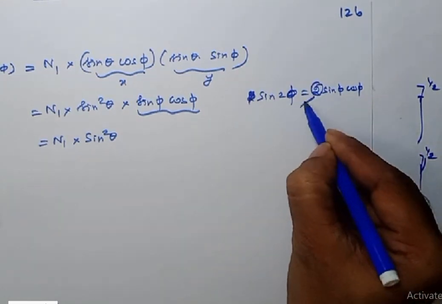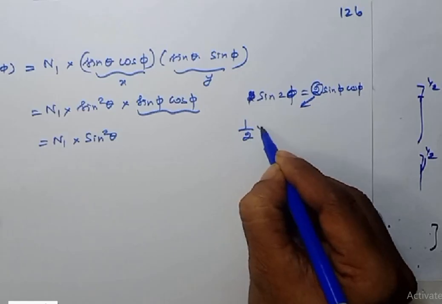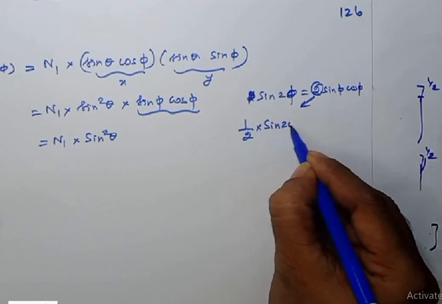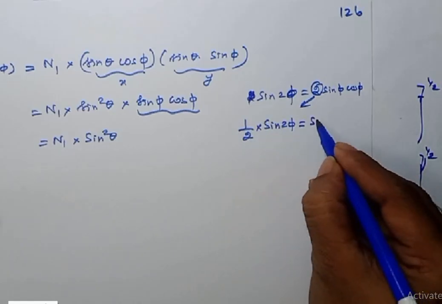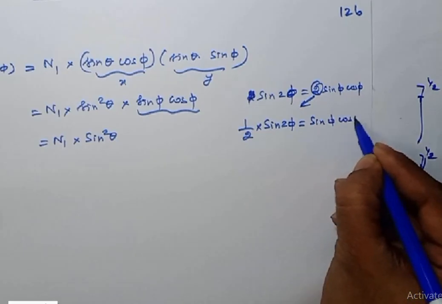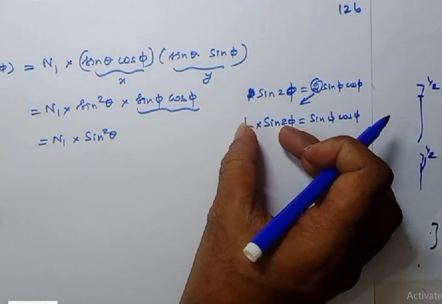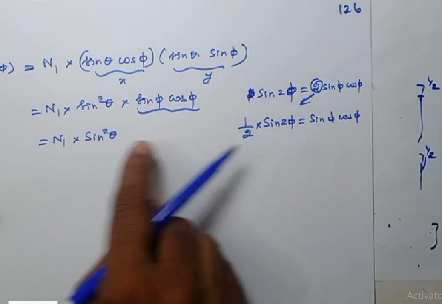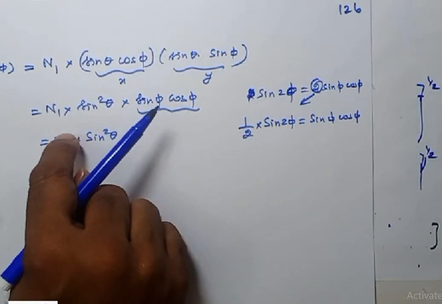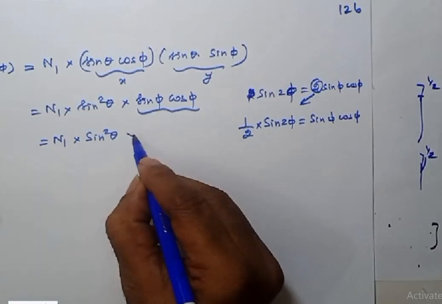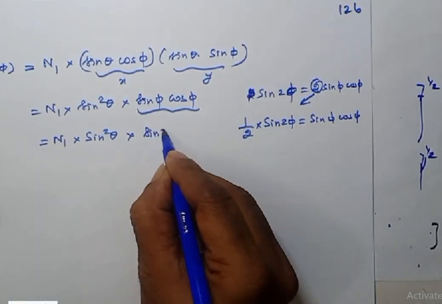Bring this 2 to the left hand side. So 1 by 2 into sine 2 phi can be written as sine phi into cos phi. Here I have sine phi into cos phi, so it can be written as 1 by 2 sine 2 phi. 1 by 2 is anyway constant. That constant is included in n1. Don't worry about that. So you write this simply as sine 2 phi.